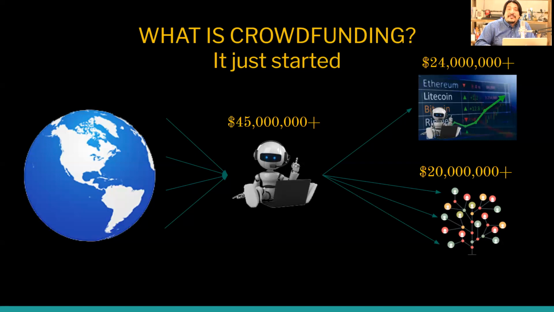There are hundreds of people who have made $5,000 or more in these 4 days. There are a dozen people who have already made over $100,000. There are people who have almost reached $1 million in 4 days, thanks to this great idea of a smart contract applied to crowdfunding.